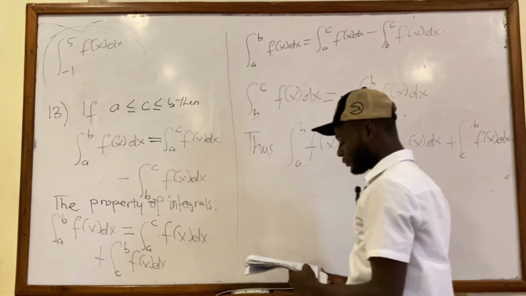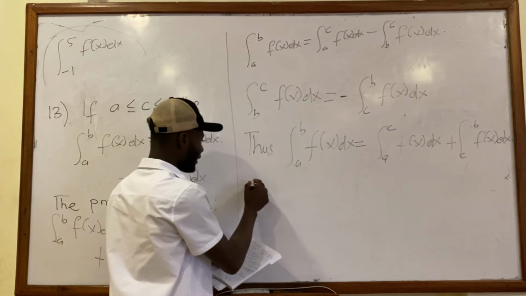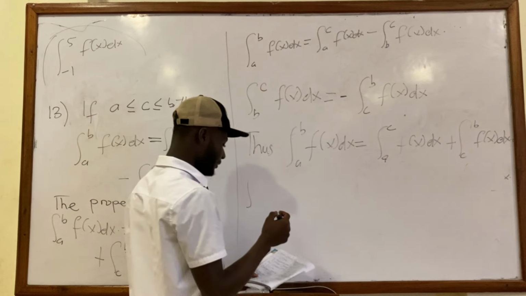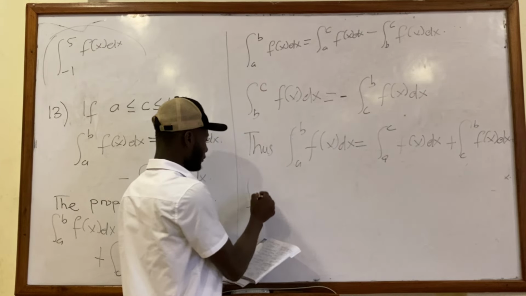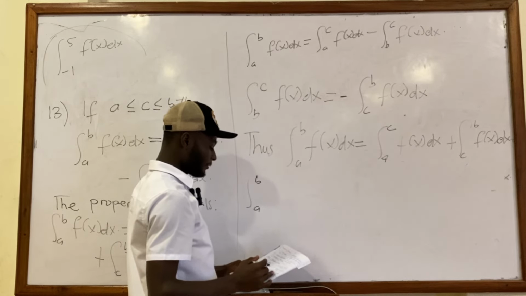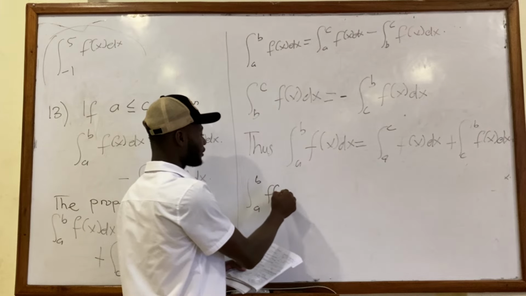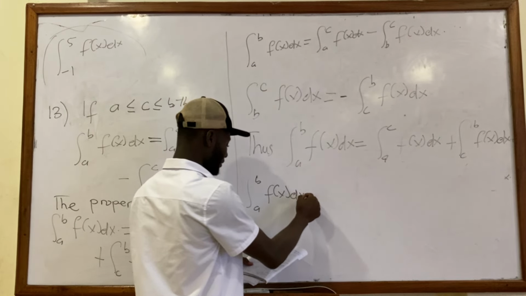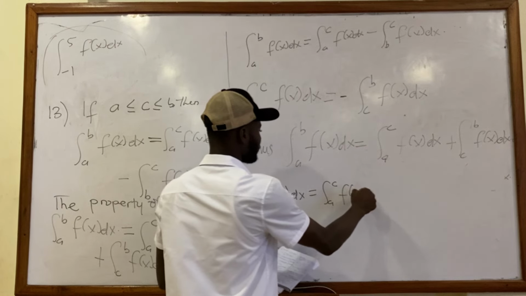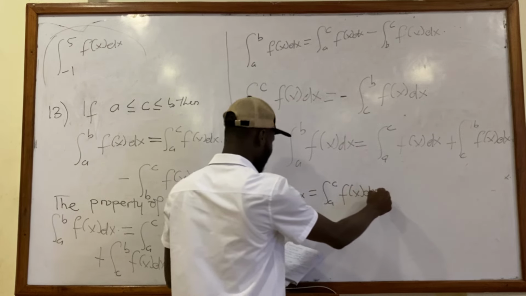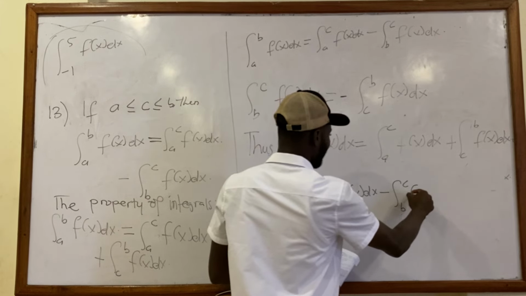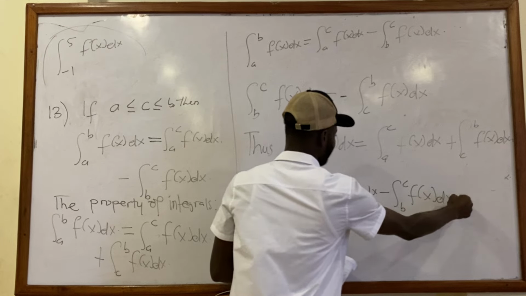So therefore we can say that the integral from a to b of a particular function f of x dx is equal to this particular function minus b to c of a particular function dx.